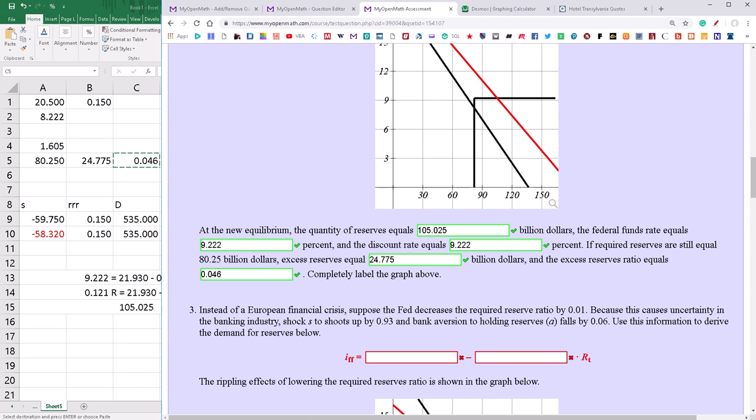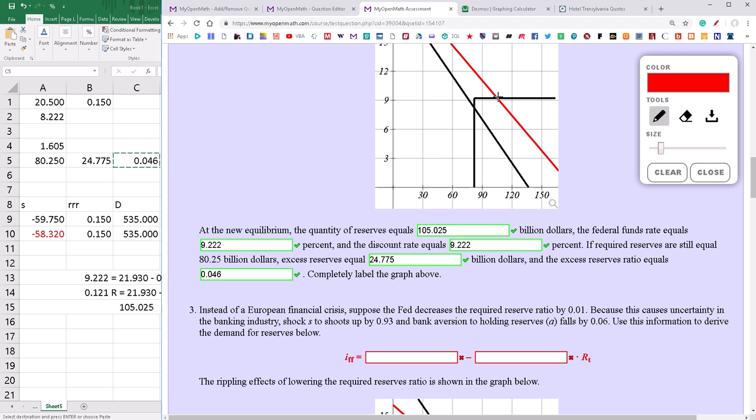A great question to ask here is, what are my discount loans? Remember this difference here. That's the amount of my discount loans, DL. Okay, discount loans. So my discount loans are equal to what?